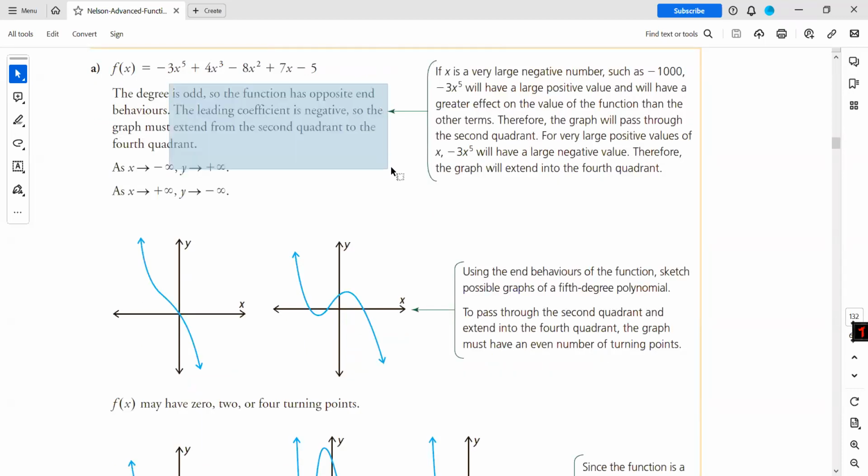In the first case, what happened? If x is a very large negative number, such as -1000, negative 3x to the fifth power will have a large positive value. It's going to be positive because negative 1000 to the fifth power is a negative number, and the minus in front, minus times minus gives us plus, right?